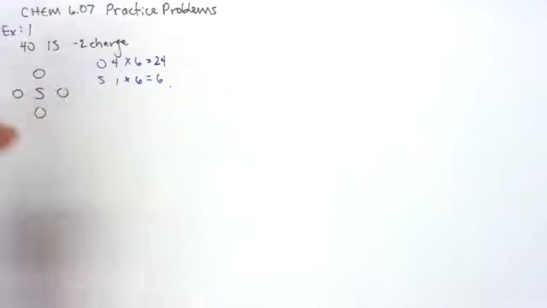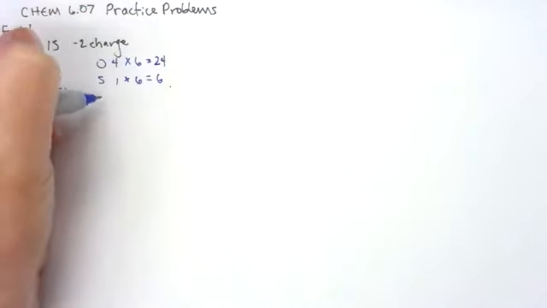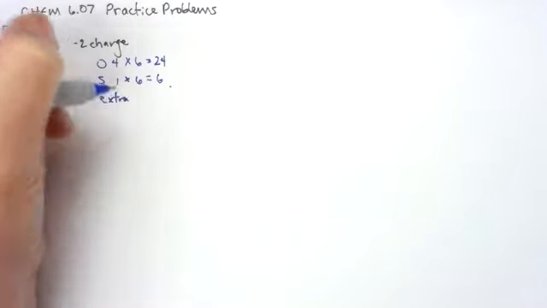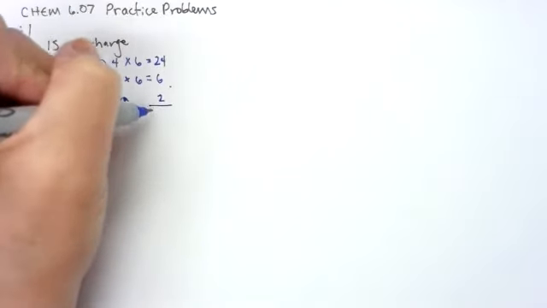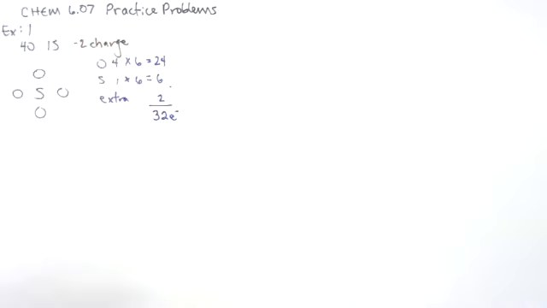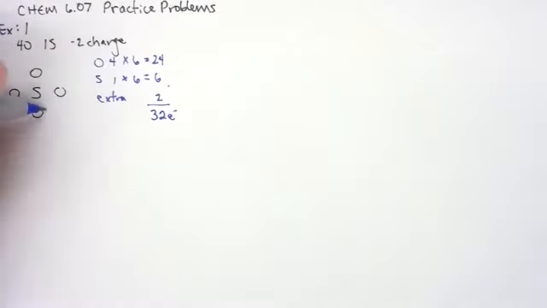So this is going to add up to 30, but I have to do extra because I have a -2 charge. So I get a total of 32 electrons. I'm going to go ahead and apply these. 2, 4, 6, 8, 10, 12, 14, 16, 18, 20, 22, 24, 26, 28, 30, 32.